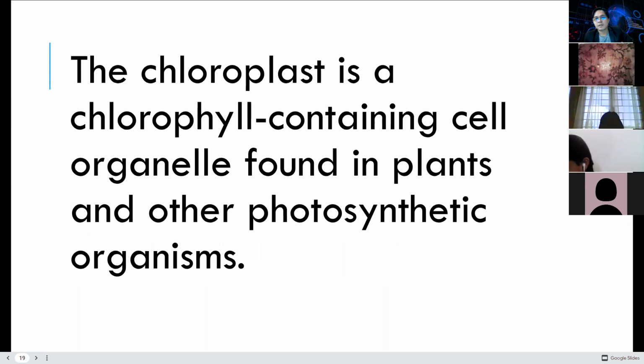It is found in plants only and other photosynthetic organisms. Animals don't have chlorophyll because we cannot create our own food. That is why we are termed heterotrophs or consumers, because we tend to consume. We are not producers because we cannot actually produce.